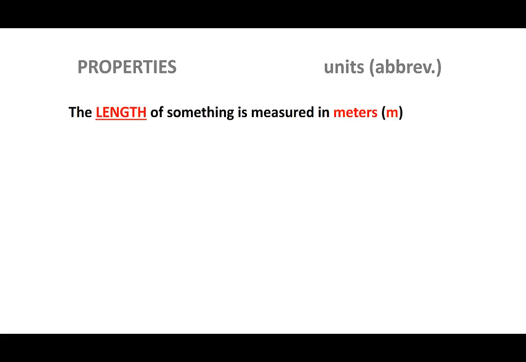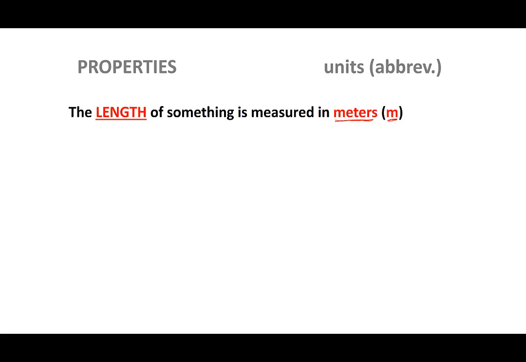So I'm going to start off talking about some properties. For example, we have a property called length, and that's when we're measuring how long something is. And in the metric system, we report it in meters. Meters is abbreviated with a lowercase m. And I can't stress this enough: you really need to get super comfortable with using the proper lowercase or uppercase letter.